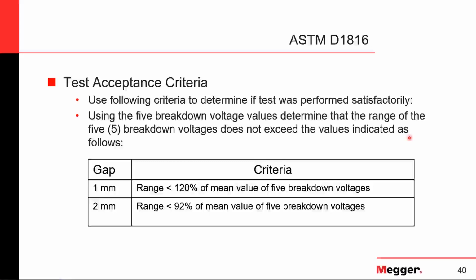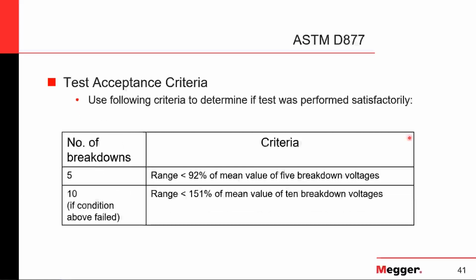If this first validation fails, then the standard allows to do another 5 measurements, so we will have a total of 10, and using those 10 values, we'll calculate the mean, we calculate the range, and that range should be less than 151% of the mean value, remember, using the 10 breakdown voltage values.